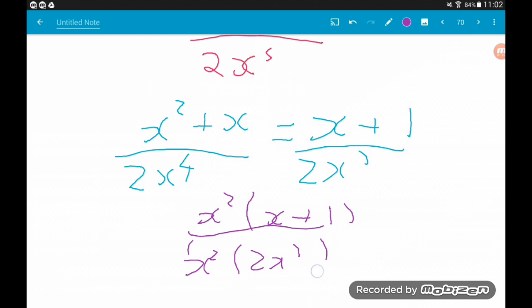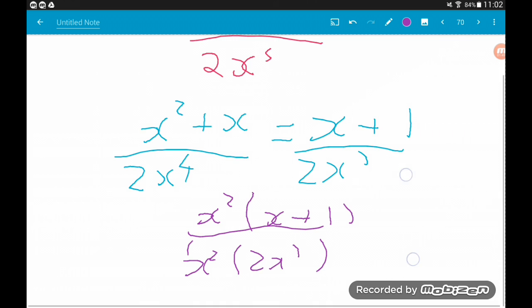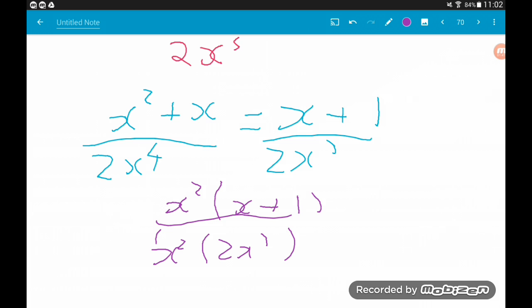We then cancel our common factor of x squared, so it does indeed go down to x plus 1 over 2x cubed.